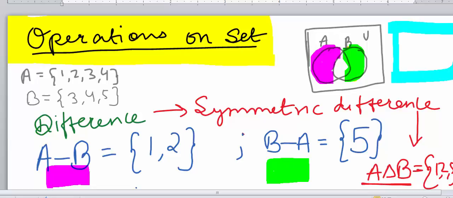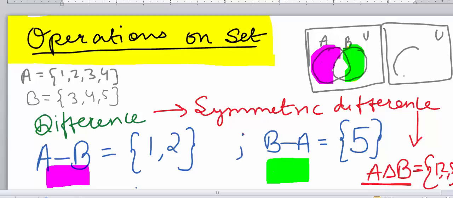A symmetric difference B will be, suppose this is the universal set U. This is A, this is B. So A symmetric difference B will be all of this, that is, the union of A and B leaving out the intersection part.